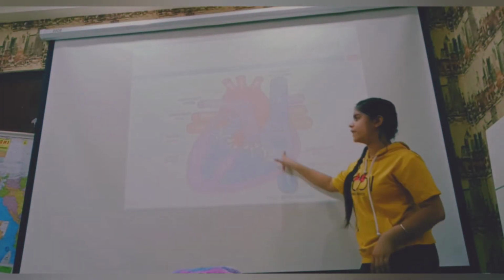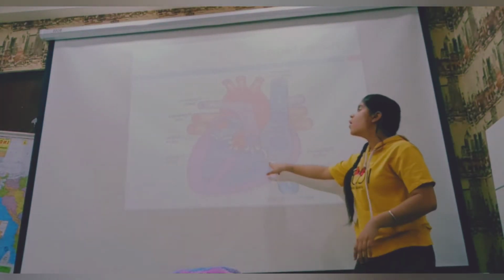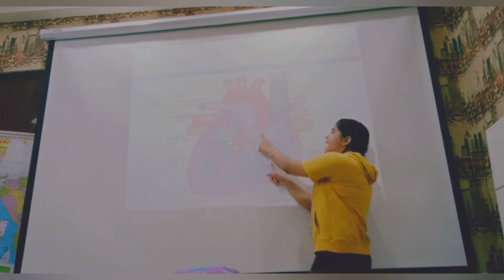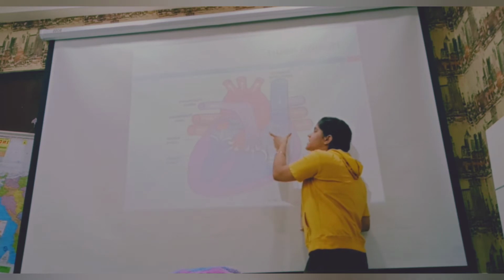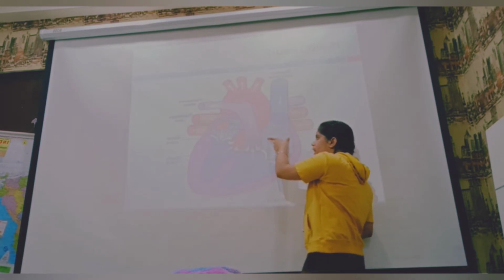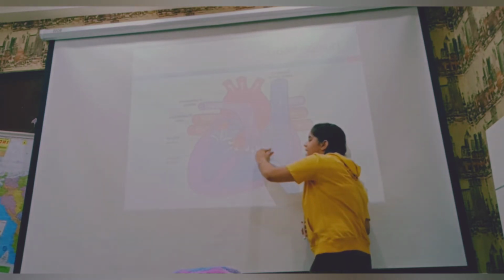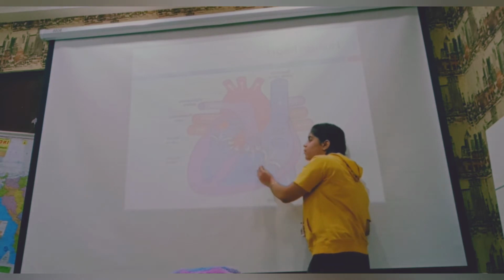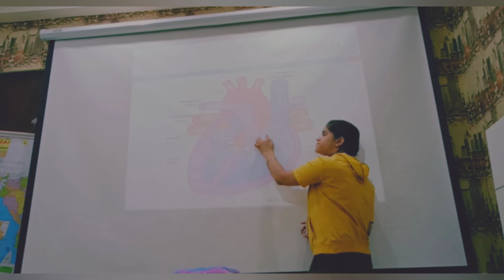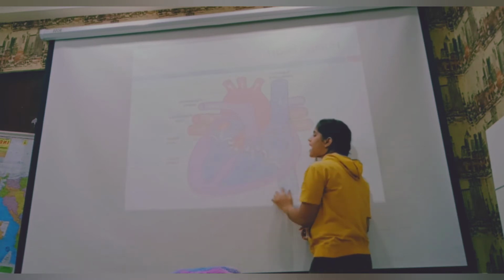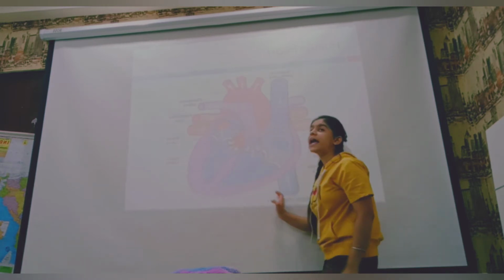This valve will get opened when the right atrium will systole. When the right atrium will systole, the blood will enter in. By the time the right atrium systole, the right ventricle will diastole.